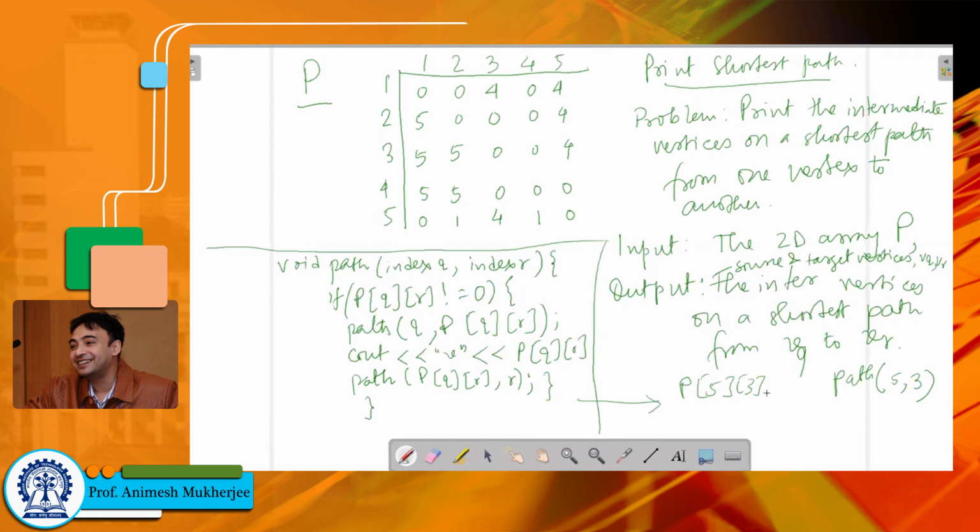According to my P matrix, P53 is 4. So now I will call the function path 5 4.